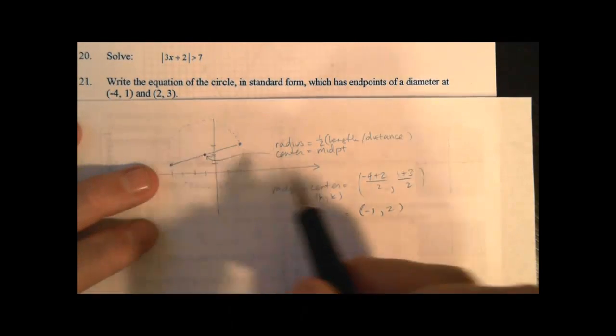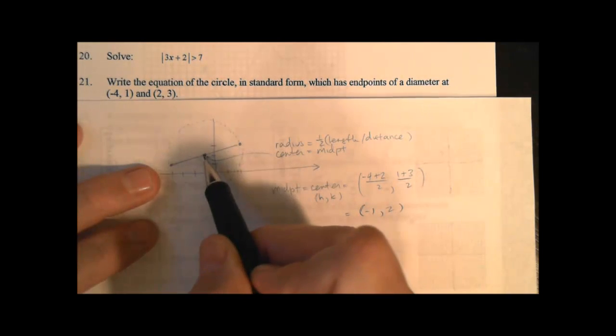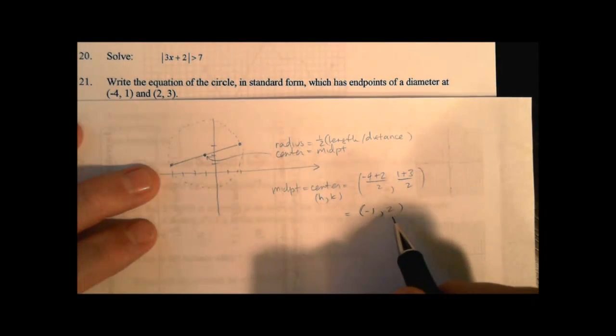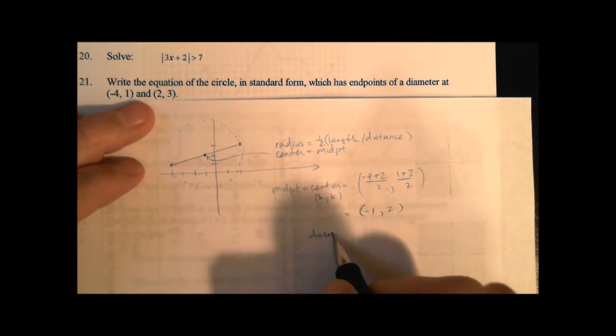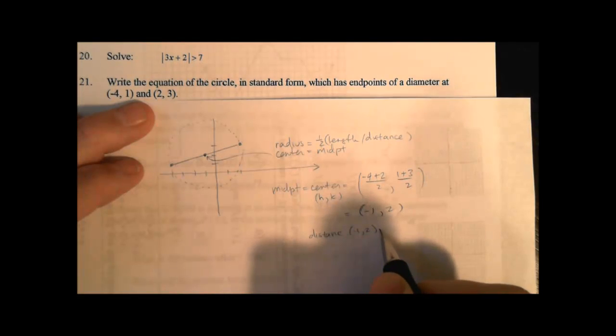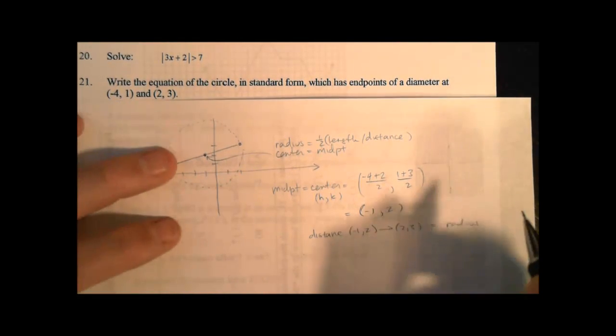And we can either take the distance from here to either of these points, or take the distance between these points and halve it. And I'm going to go ahead and just go straight for the radius. So I'm going to take the distance between negative 1, 2, and say 2, 3, because that will be our radius directly.